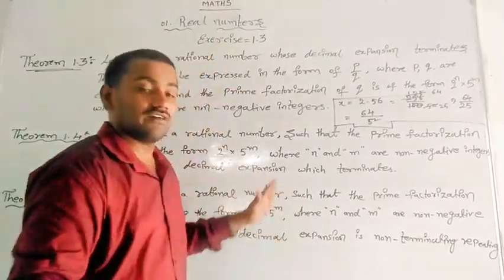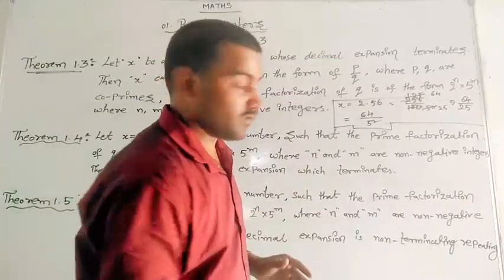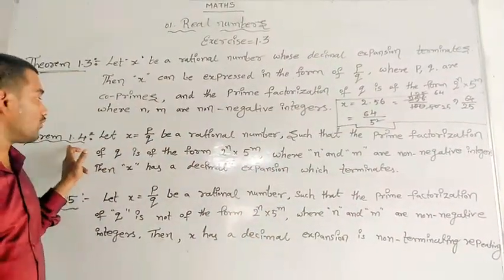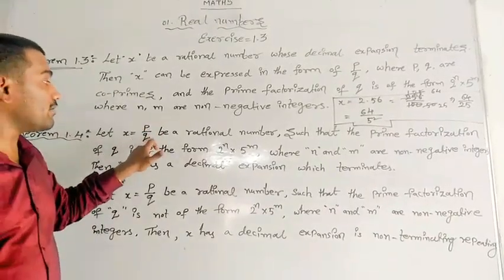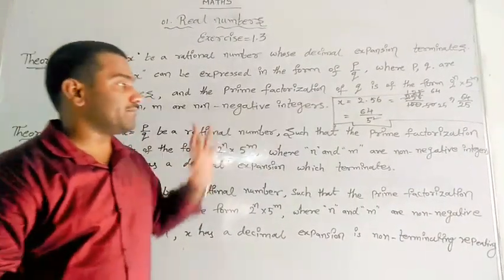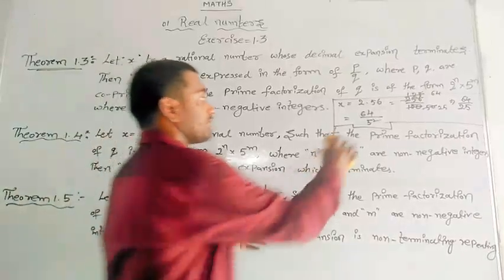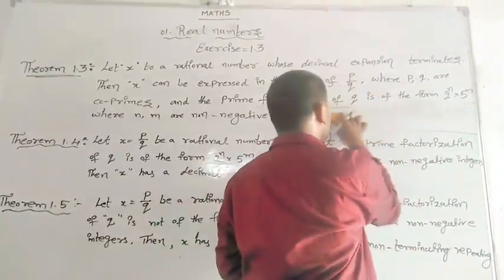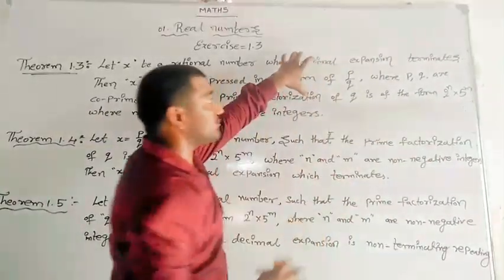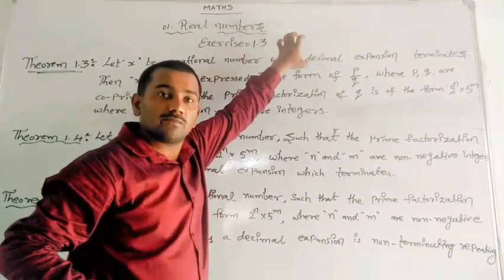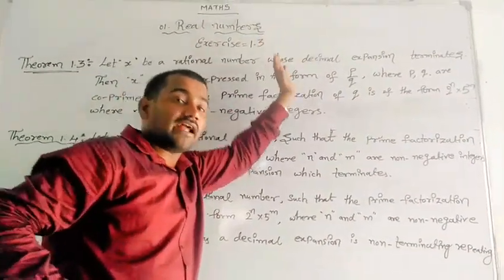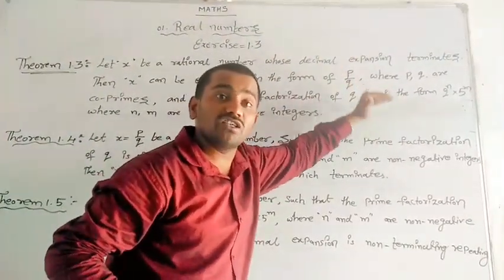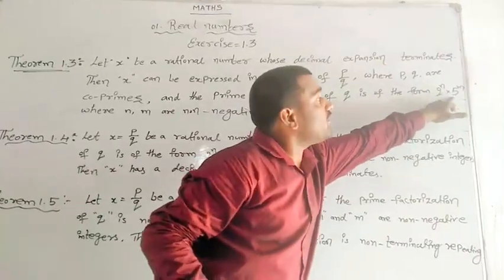So let us see one more thing he was trying to tell us in theorem number 1.4, that x is p by q, a rational number. In the previous theorem they gave a terminating decimal number, and that decimal number was converted to the form of p by q, where q is in the form of 2 to the power of n into 5 to the power of m.